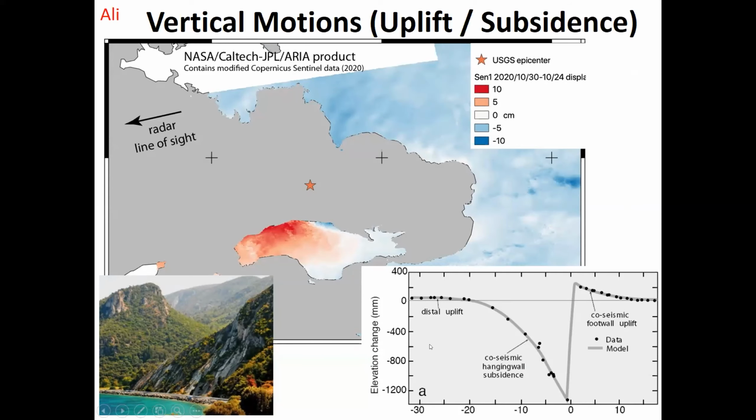And at the bottom, we can see a model indicating how the uplift is associated with an elastic response caused by the main shock rupture. Thank you, Ali.